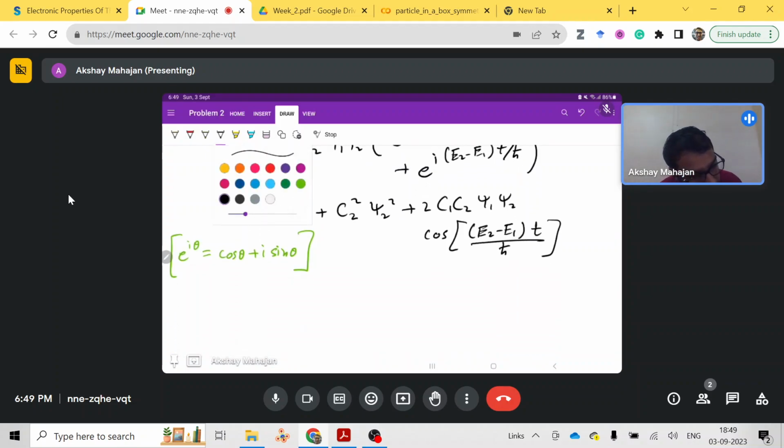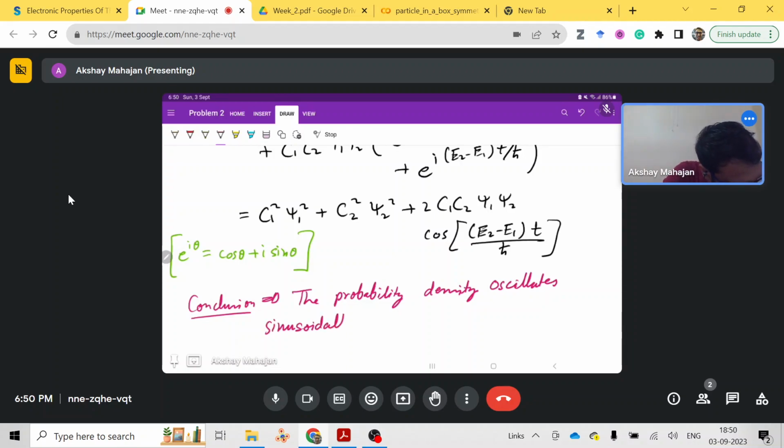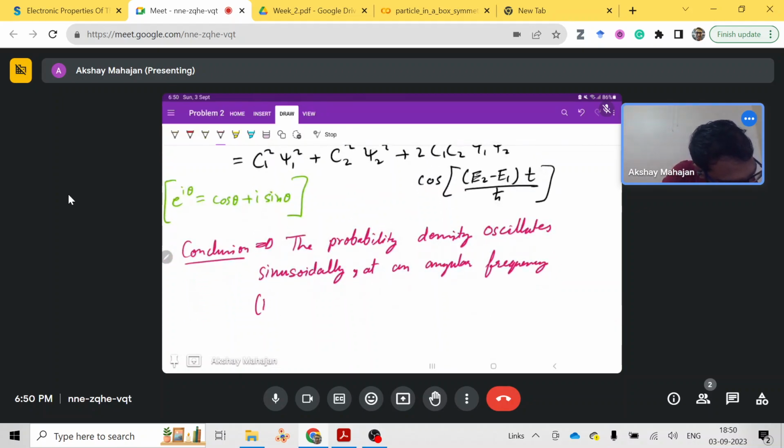So the conclusion: the probability density oscillates sinusoidally at an angular frequency (E2 minus E1) by h cross.